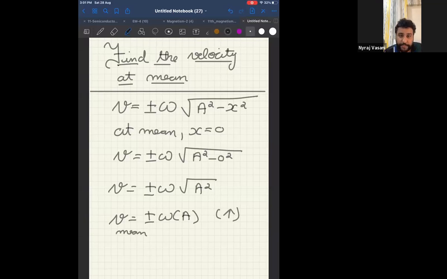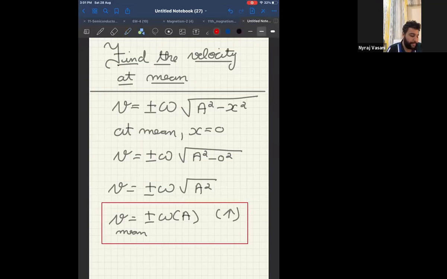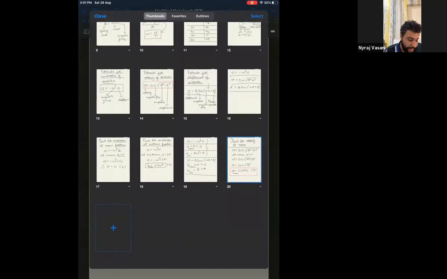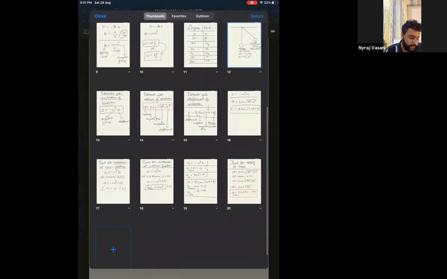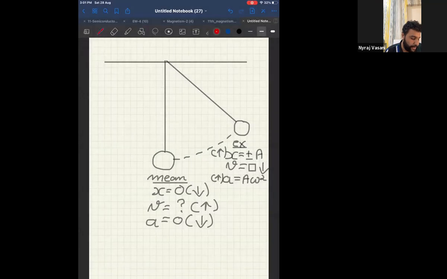that I already knew 1 hour back, that velocity is maximum at mean position. But now I also got the value, that is a omega, correct? Therefore, the value for velocity at mean position is plus or minus a omega. Therefore, if I go back to the page of the diagram, over here I had written a question mark for velocity.